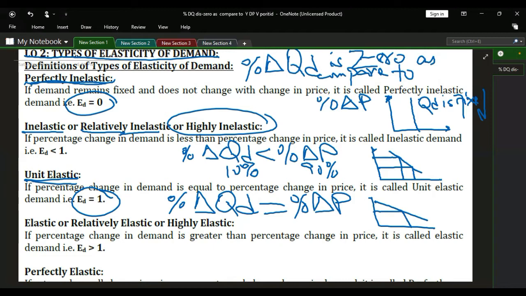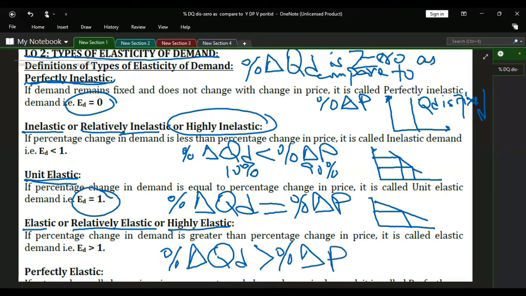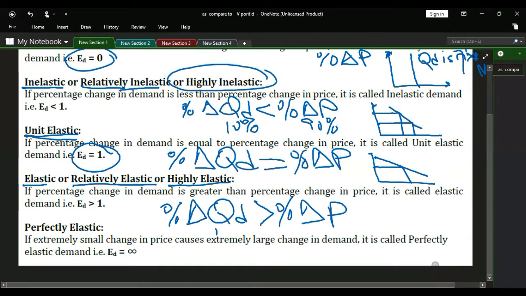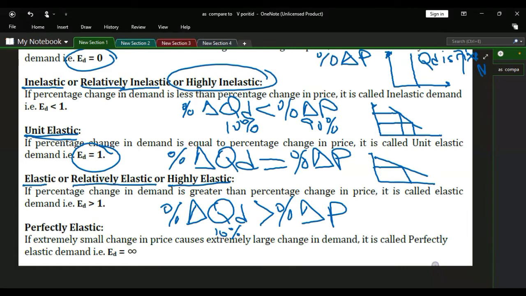Next one is elastic or relatively elastic or higher elastic. It means that the percentage change in quantity demanded is greater than the percentage change in price. Means if there is a 10% increase in the quantity demanded, then there will be a 2% increase in the price level.